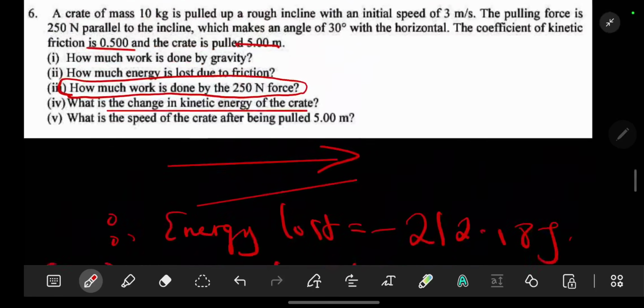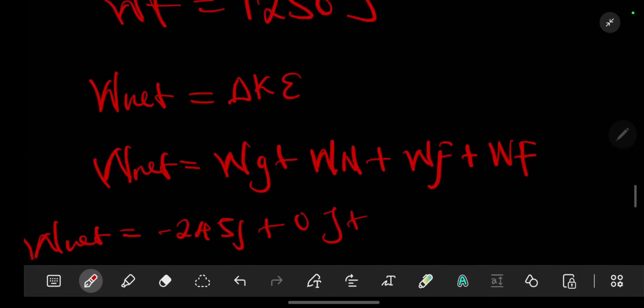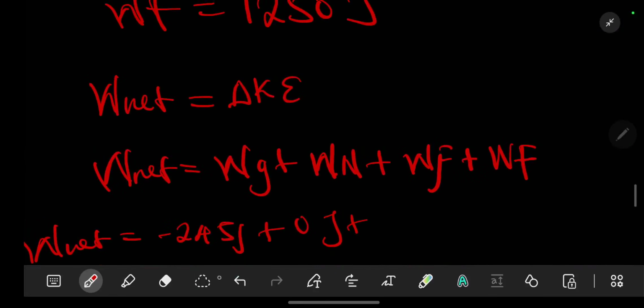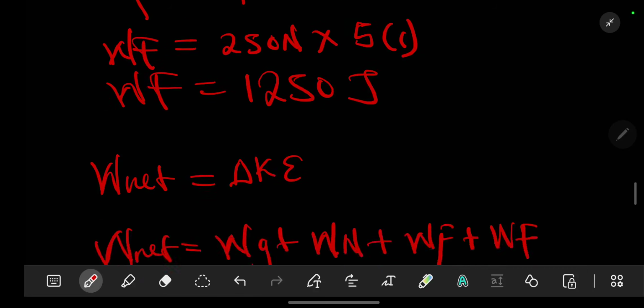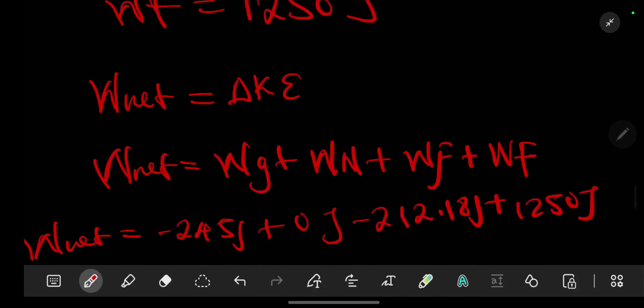In this case, we found the frictional force to be equal to negative 212.18 joules. Then we have plus our work done by the force, which was 1250 joules.